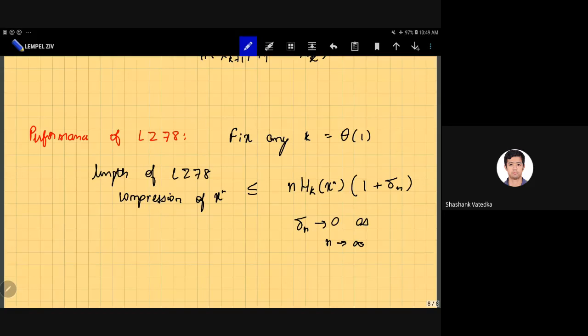In particular, this also tells us that if the sequence is in fact random, if it is stationary and ergodic, then as n tends to infinity, this converges to the kth order conditional entropy, which is equal to the entropy rate of the stationary and ergodic source.